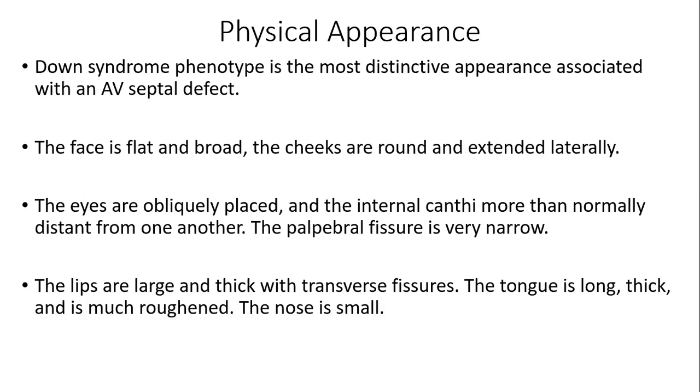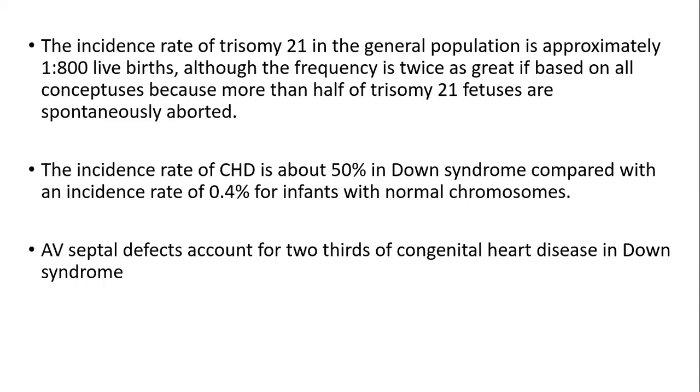You must be aware of all the physical features of Down syndrome that you should document, so that you can use them in your examination. Better to make a small note. All the features may not be there in Perloff, so make it from any pediatric textbook, or maybe Romila can share one slide of all the features of Down syndrome in percentage, and how many of them have AML. Okay, sir, I'll share.